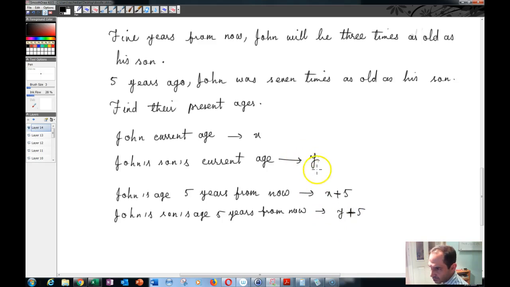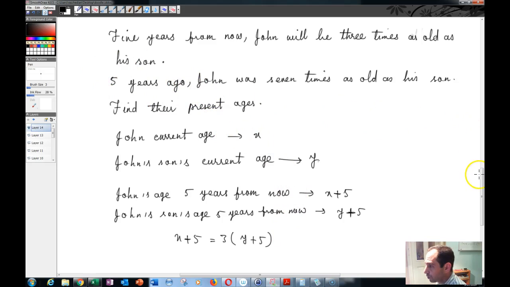Okay, because his current age is Y. So now 5 years from now, John will be 3 times as old as his son. So John's age X plus 5 is going to be equal to 3 times his son's age, so Y plus 5. Okay, so that is basically one equation.